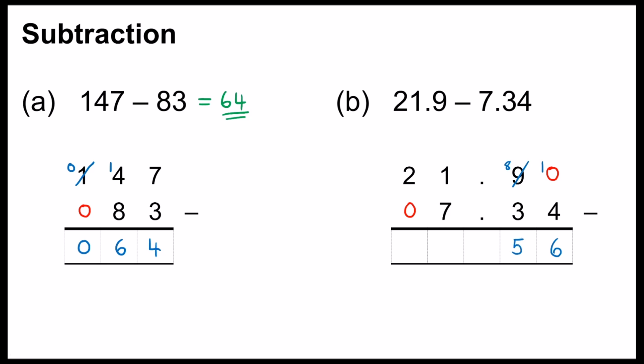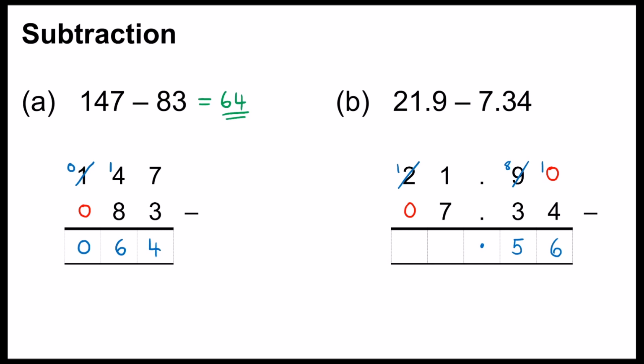I need to make sure my decimal points stay aligned, including in my answer. So my next column is going to have a decimal point in. Then I want to work out 1 subtract 7. As with before, because 7 is bigger than 1, this will give me a negative answer. So instead, I want to borrow from the next column along. Doing so reduces my 2 to 1.